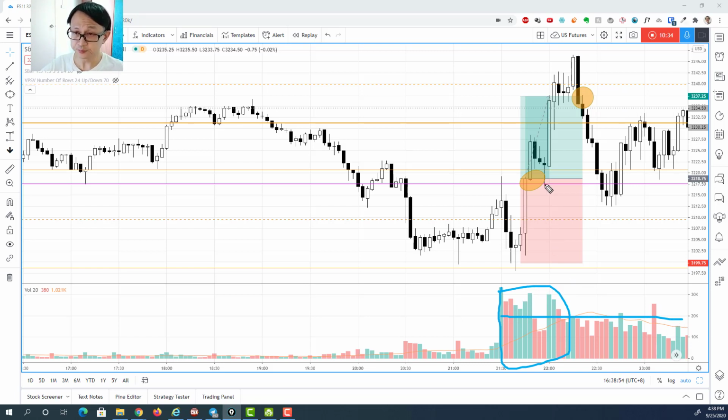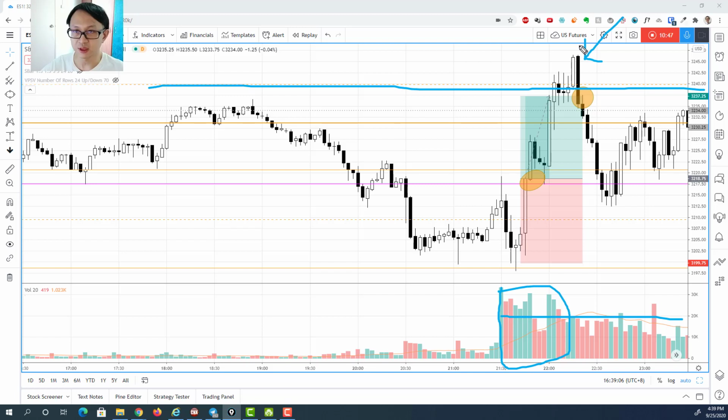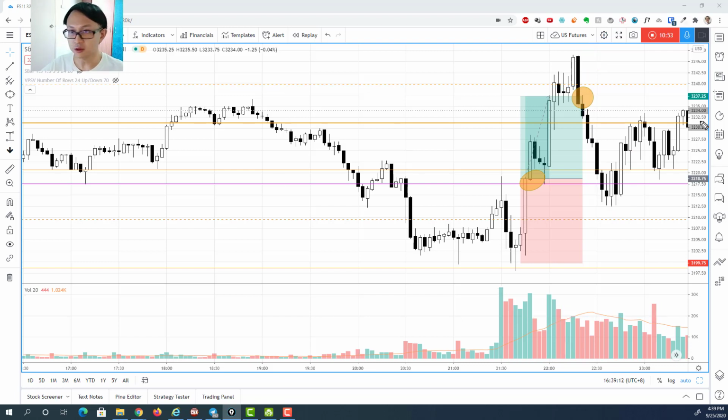So a lot of volume, but still we failed to break out of this trading range here. In fact it just fell right at this range, and we have this reversal bar, and eventually another reaction down. So I just trailed my stop and got stopped out right at this reversal bar here.